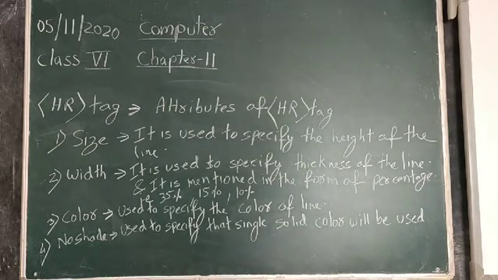Okay, so these are the different attributes of the HR tag, or the horizontal rule tag. Now once again, the horizontal rule tag is used to draw a horizontal line in the web page.